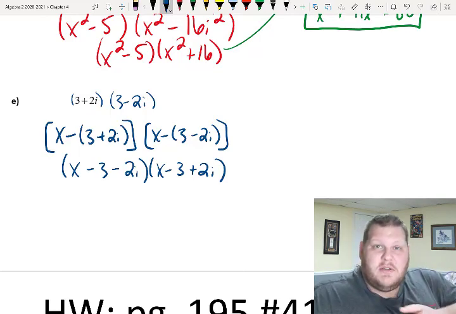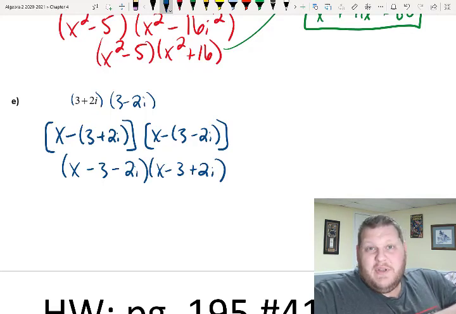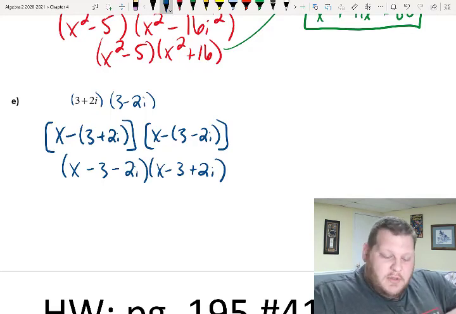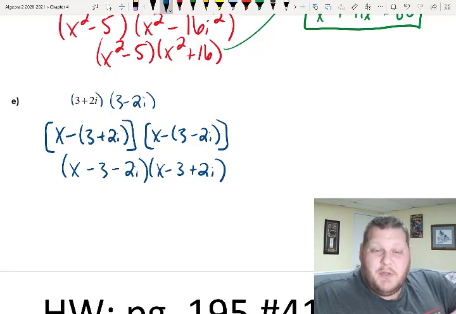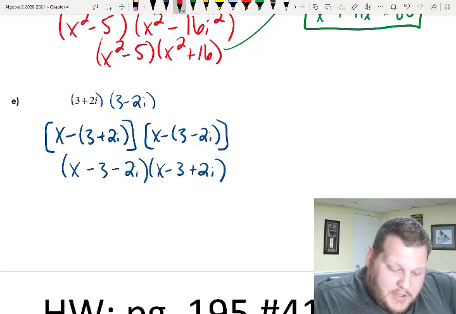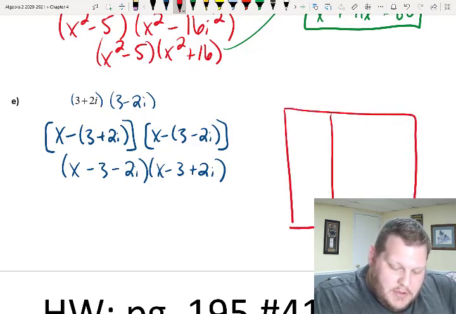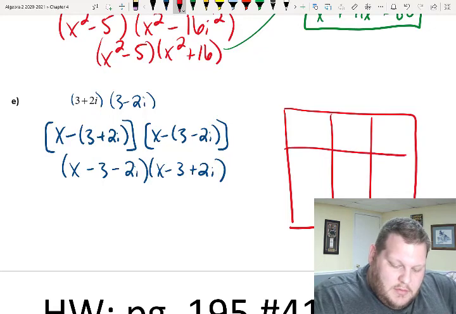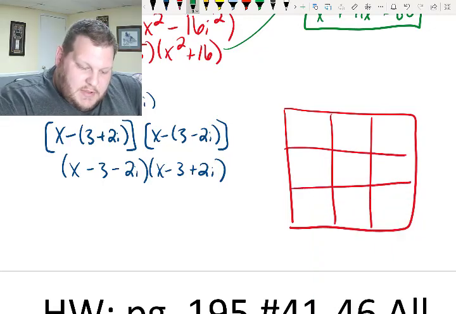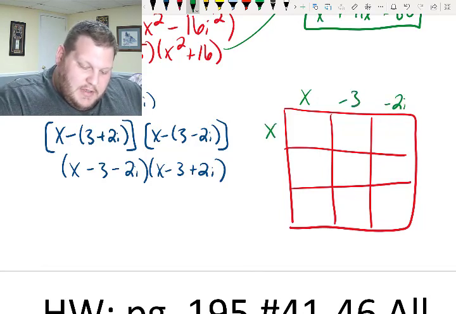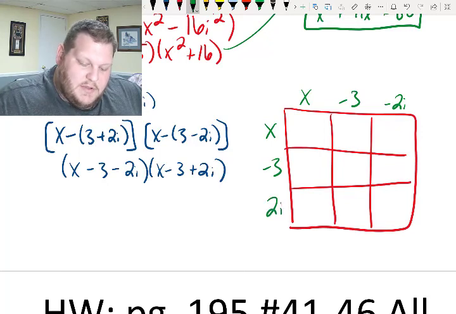And even though each of those individual terms are super straightforward and simple, I have three different terms. I have a trinomial times a trinomial. Probably going to be easiest if we just use box multiplication. So I'm going to set up a 3x3 grid. I've got, switching to green here for the actual numbers, x, -3, -2i, and x, -3, +2i.